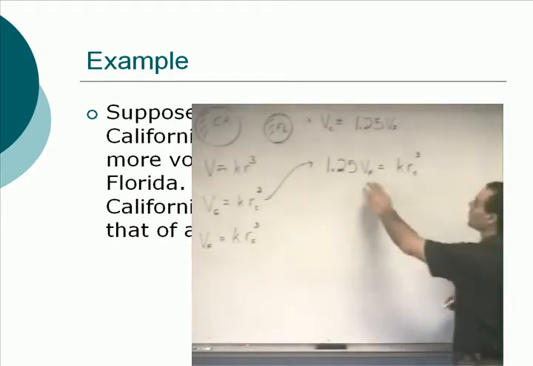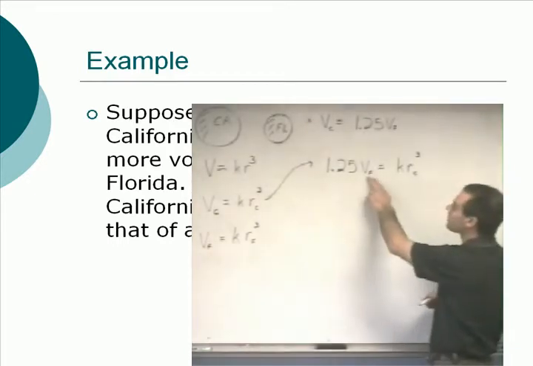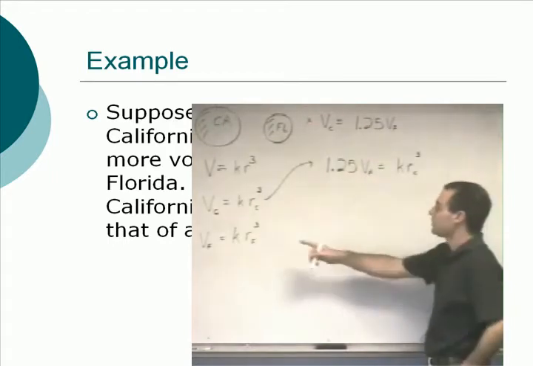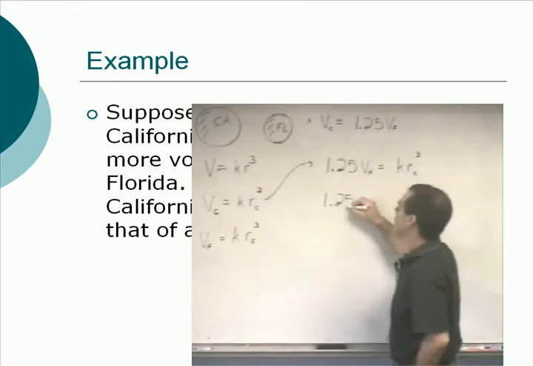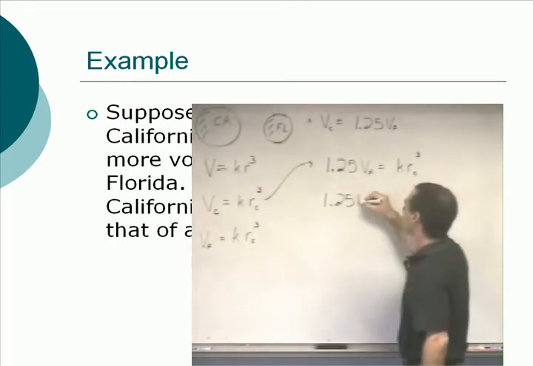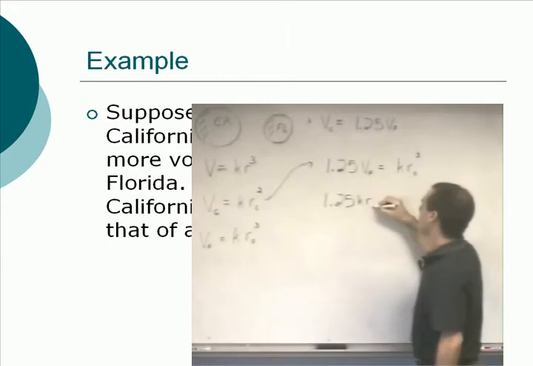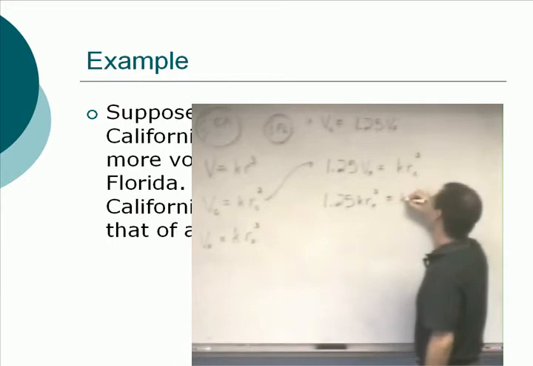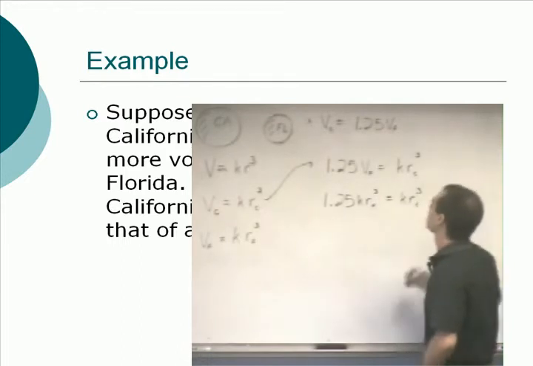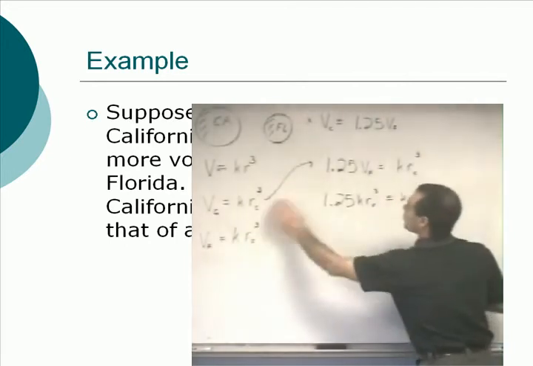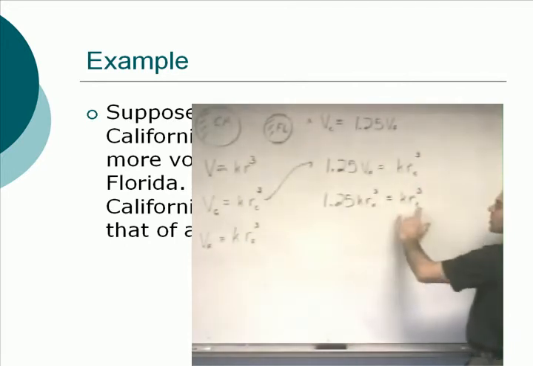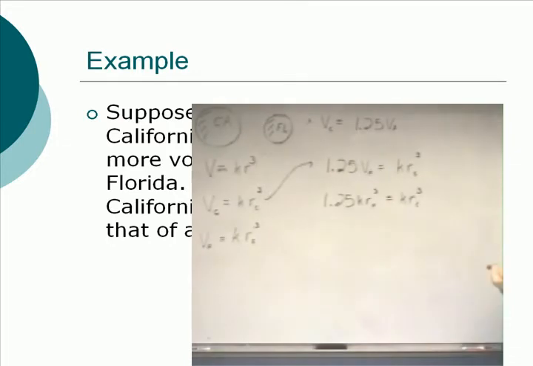And then we replace VF. We took out VF and put in that. We took out VC and put in this. Now our equation involves the radii and not the volumes anymore.